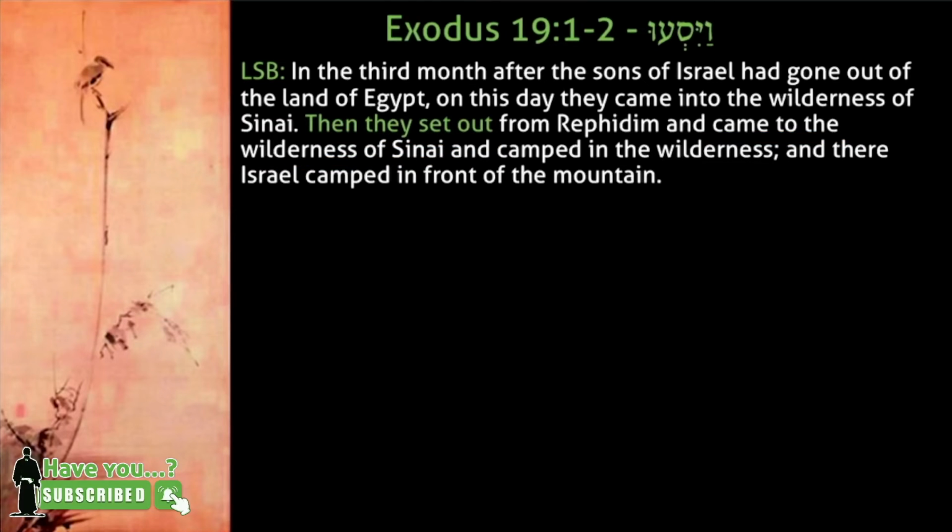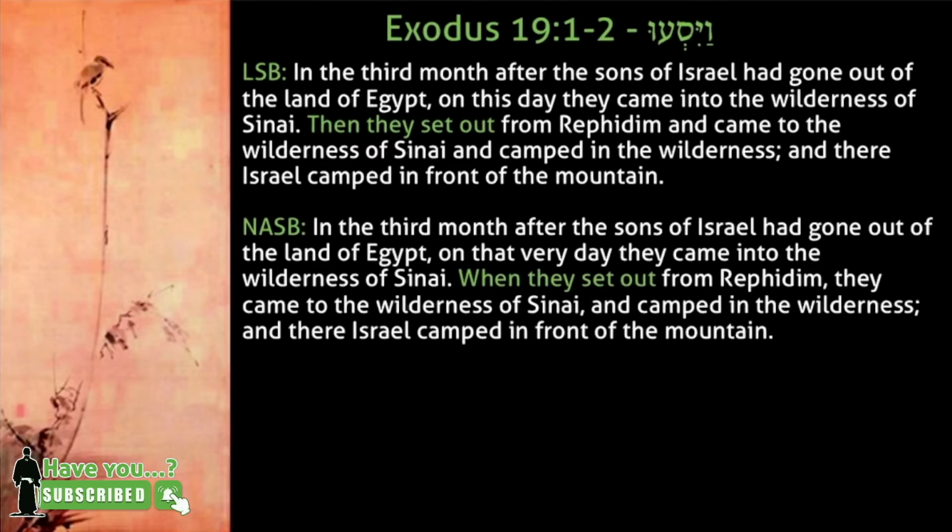Now, when you compare that to the New American Standard, very similar translation to the Legacy Standard, it says, in the 3rd month after the sons of Israel had gone out of the land of Egypt, on that very day they came into the wilderness of Sinai. When they set out from Rephidim, they came to the wilderness of Sinai and camped in the wilderness, and there Israel camped in front of the mountain.